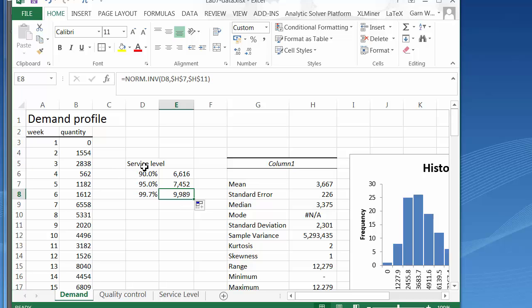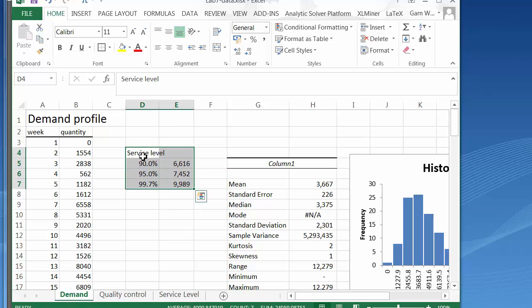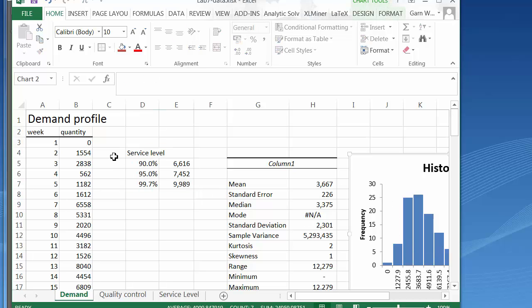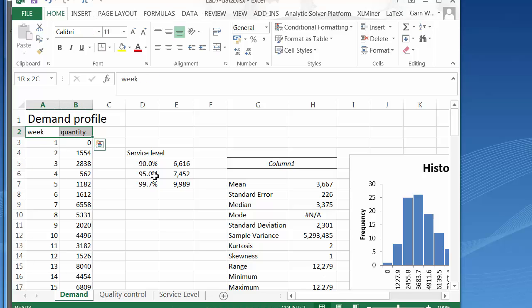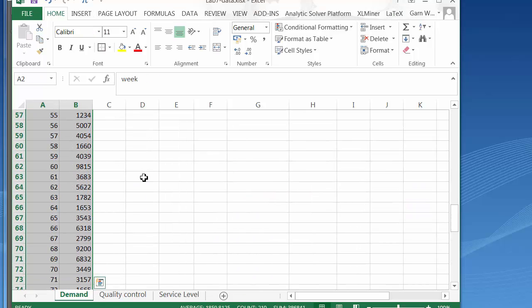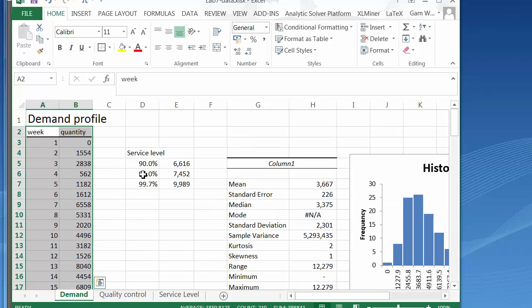So I did promise a different way to calculate these service levels, which is independent of the normal distribution, and which can be very easily achieved by just sorting this table according to the quantity.